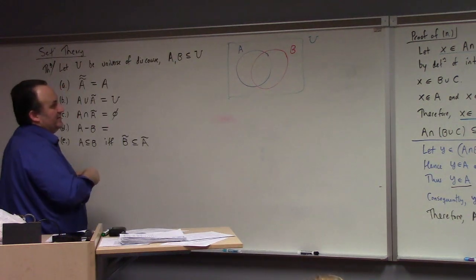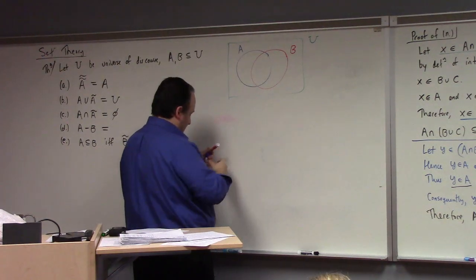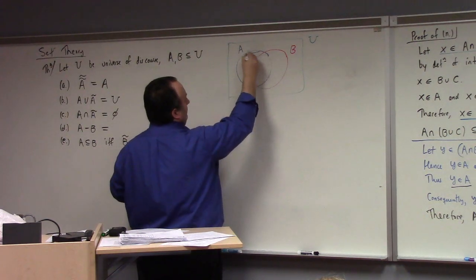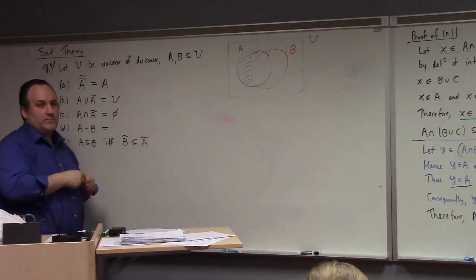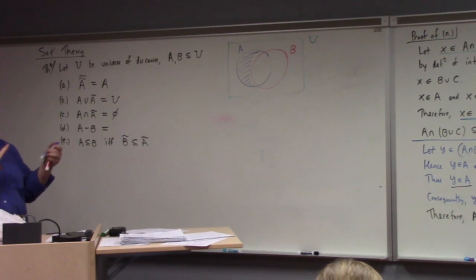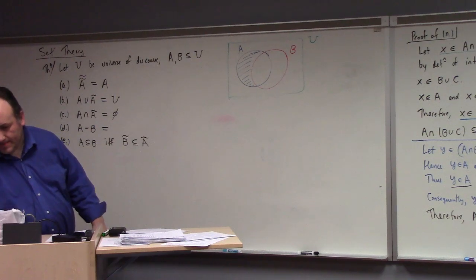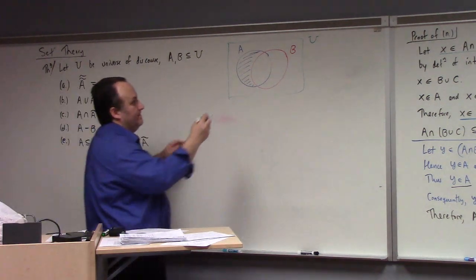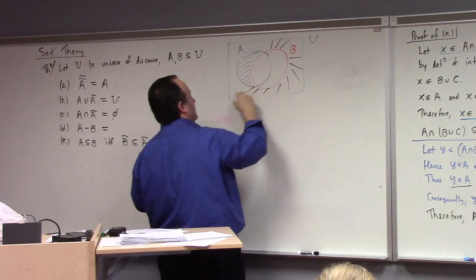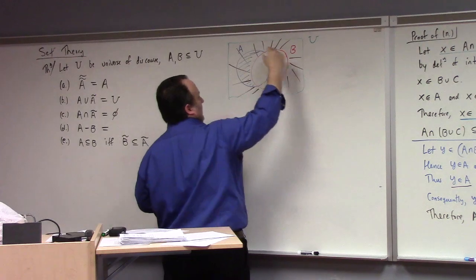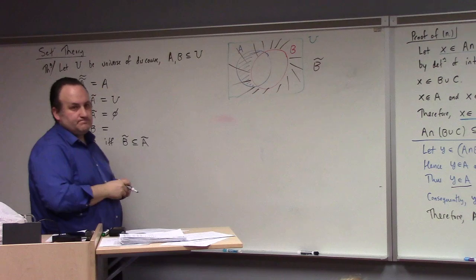So A minus B, that's inside the blue, right? What does the complement of B look like? This is everything outside, that's B complement.